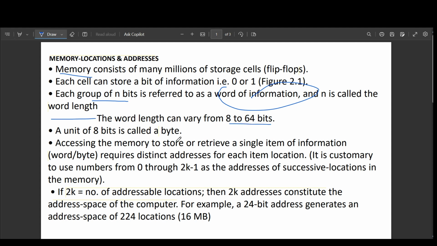A unit of 8 bits is called a byte, and accessing the memory for storing and retrieving requires a distinct address where the item needs to be placed. If there are 2^k addressable locations in the memory, it means there are 2^k addresses available, and in those locations address spaces are available where I can place my item.